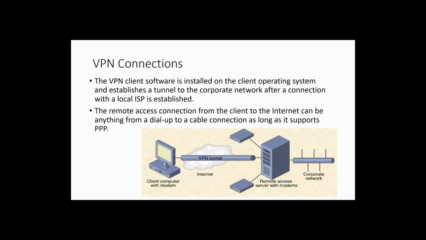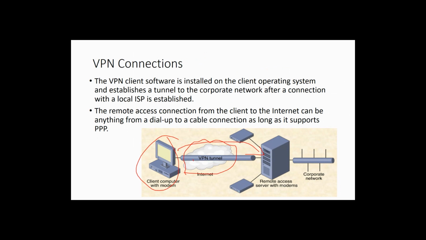Here is a definition for VPN in case you don't know it, but I've seen that most of you do know what a VPN connection means. A VPN connection is a remote access connection from a client to the internet, which can be anything using dial-up, cable, and so on. Mainly, a client can get access to a private network through the public network, which is the internet, via one of the mechanisms of a virtual private network.